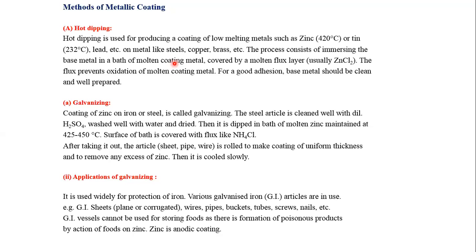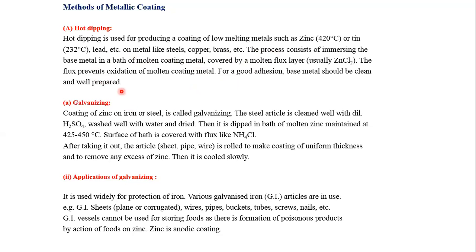In this method, we take the coating metal in molten form and dip the base metal in the bath of molten coating metal. It is covered by a flux layer like zinc chloride or ammonium chloride, which prevents oxidation of the molten coating metal. In this way, we do the hot dipping process.